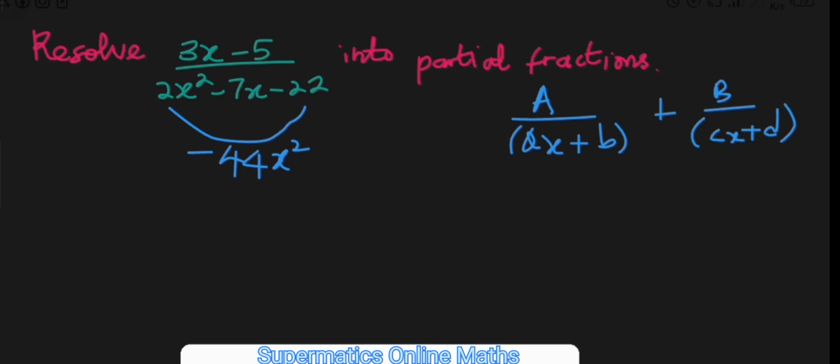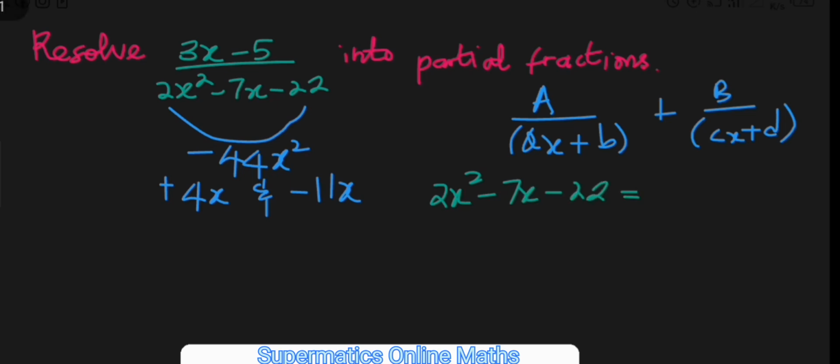Then we want to look for the factors of negative 44x² that will add up to negative 7x. These factors are positive 4x and negative 11x.